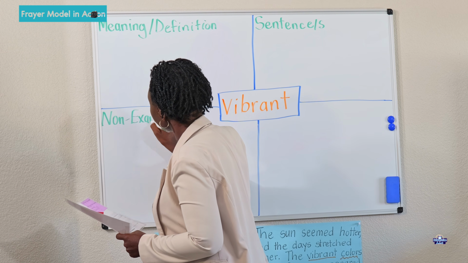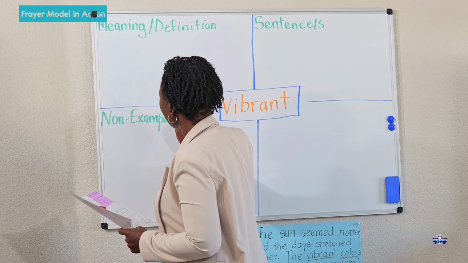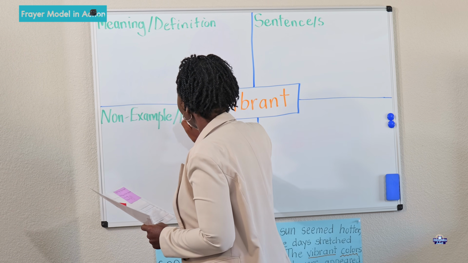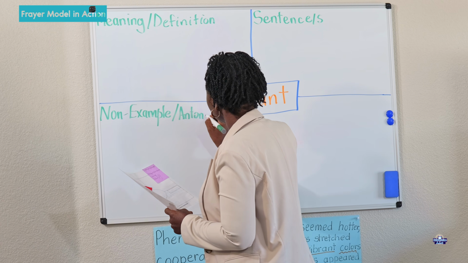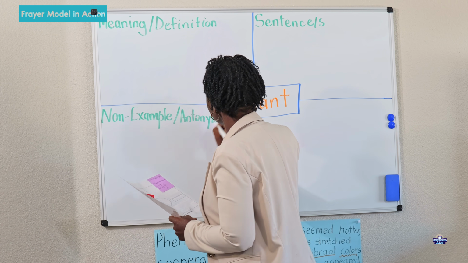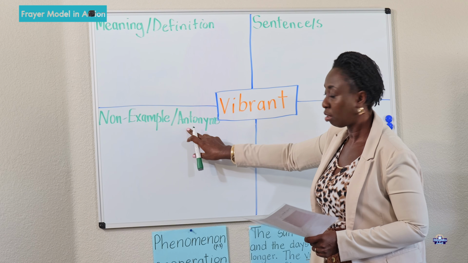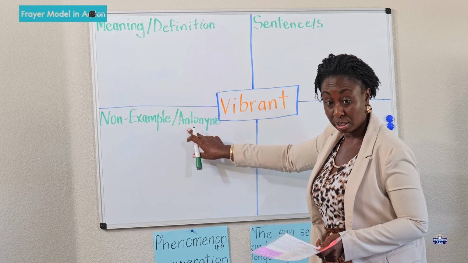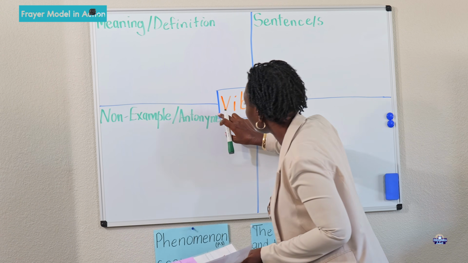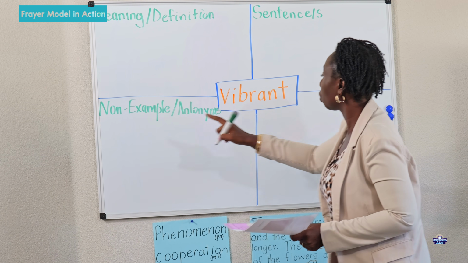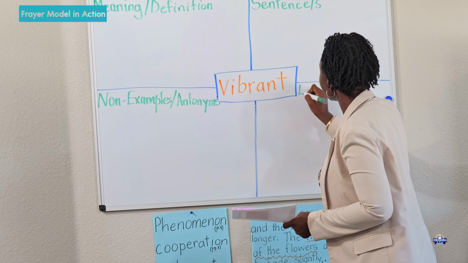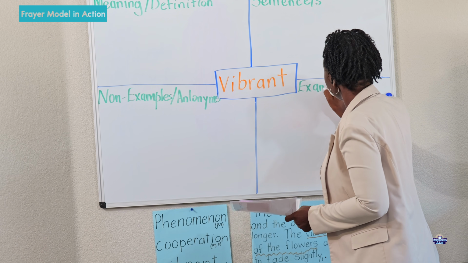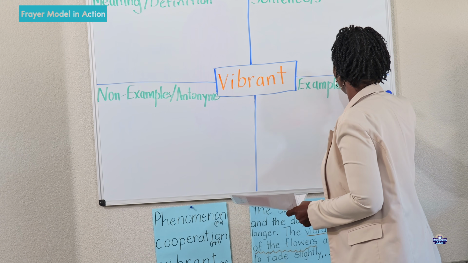Non-example, it doesn't relate to the word, or antonyms. So I'm going to put antonyms. Words that are the opposite in meaning. And then we're going to look at non-examples, and we're also going to look at examples, which are synonyms.